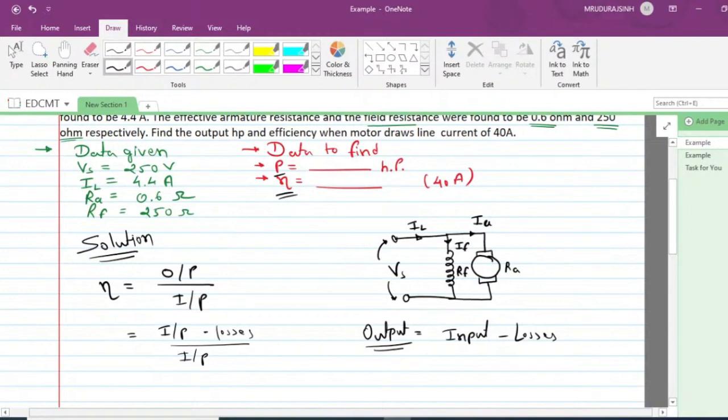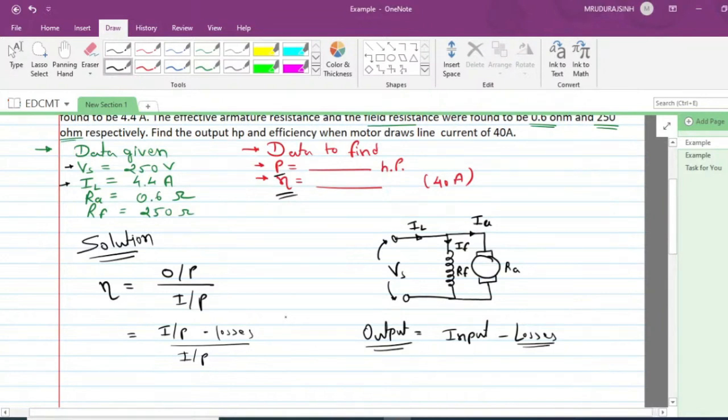Now how can we calculate the input? We have the conditions given to us, supply voltage and line current, right? So using this equation we can calculate the input power. Once we have the input power, we need to calculate the losses. If we have the losses, taking the difference, we can calculate the output.